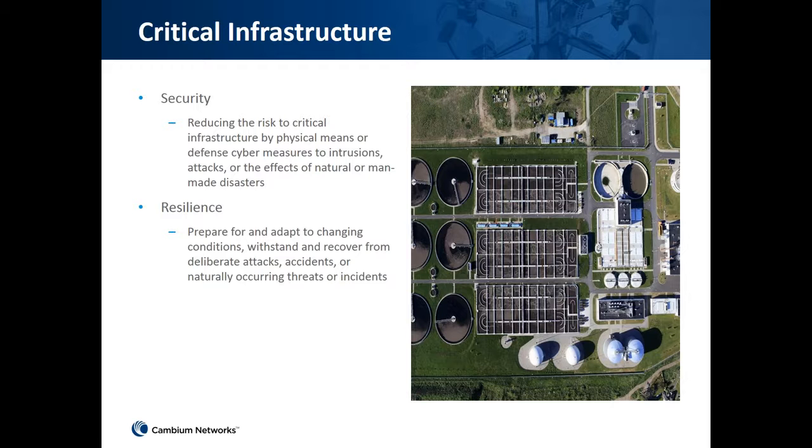Resilience, in the sense that it should be able to withstand deliberate attacks, either through cutting of lines or any other means, or through naturally occurring threats as well. By having a resilient solution, you can have a redundant network. If one link goes down, you have another way of communicating back to your main long distance backhaul.